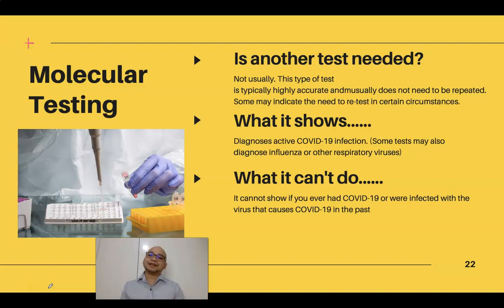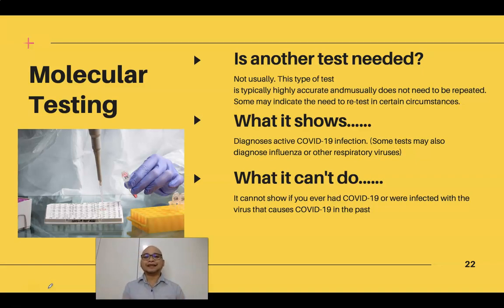What does it show? If you're positive with molecular testing, it can diagnose active, so take note of the word active, COVID-19. Sometimes it may also diagnose influenza and other respiratory viruses, depending of course on the primer that you've used.